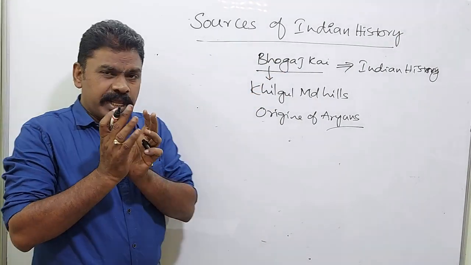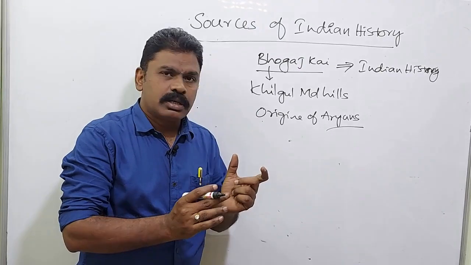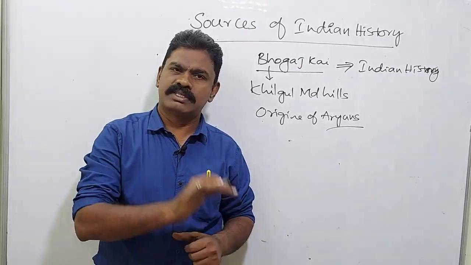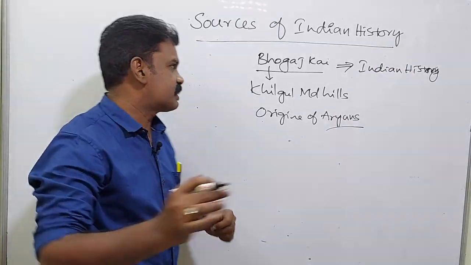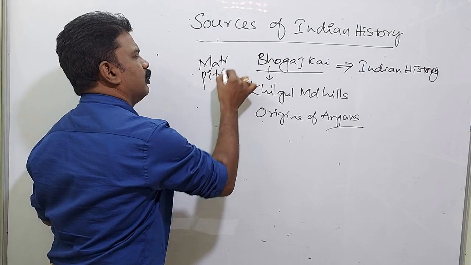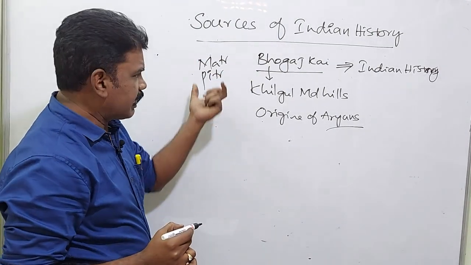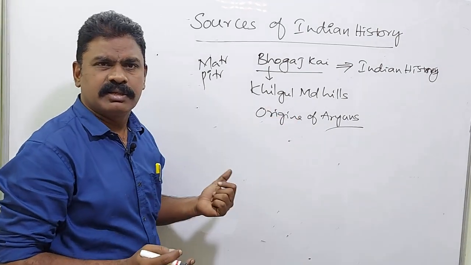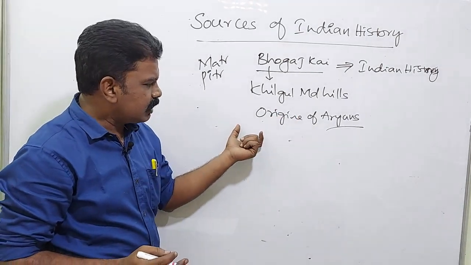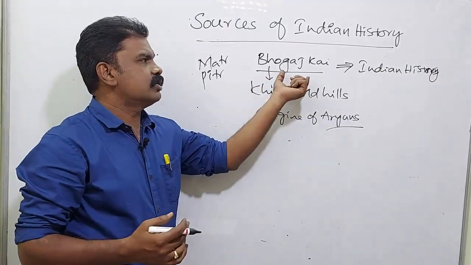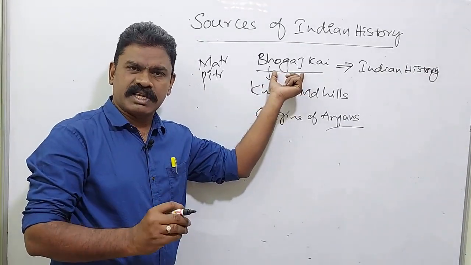The words of the Bogaska inscription are similar to the Sanskrit language. For example, Matra, Pitra, and several other terms are related to Sanskrit. That is why Sanskrit developed in India through the Aryans, who issued the Bogaska inscription.